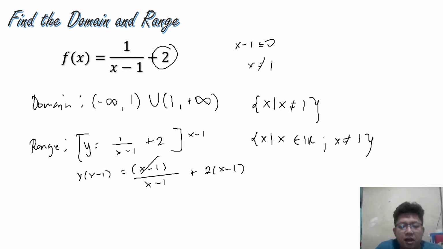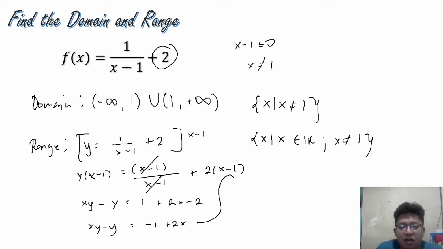Here we simply cancel this, so we have 1 here, and 2x minus 2. On the other side, we have xy minus y. Then let's simplify: y minus 2, that is negative 1, and we still have plus 2x.